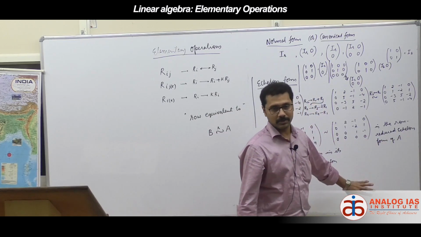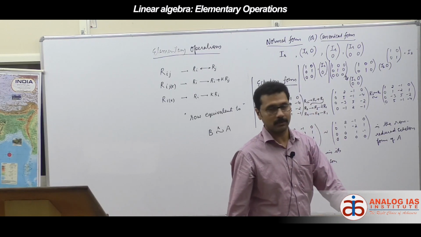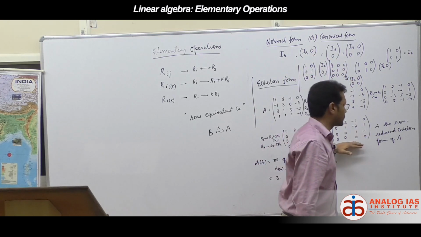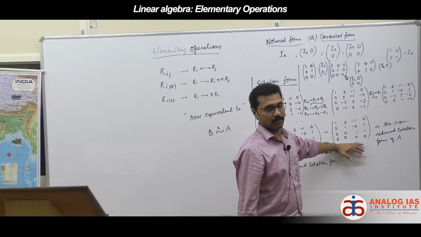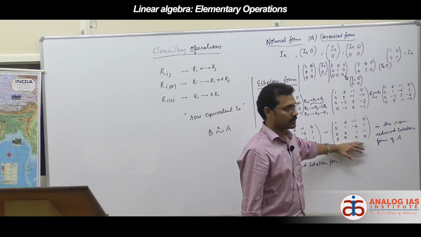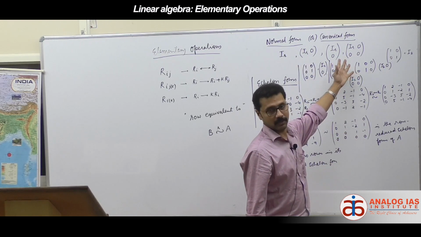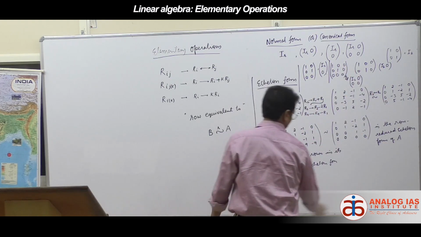After the echelon form is reached, further row reduction gives us the normal form or canonical form. So from here itself, I can use elementary row operations to reduce this into any of these canonical or normal forms. Now, let us do that exercise as well.